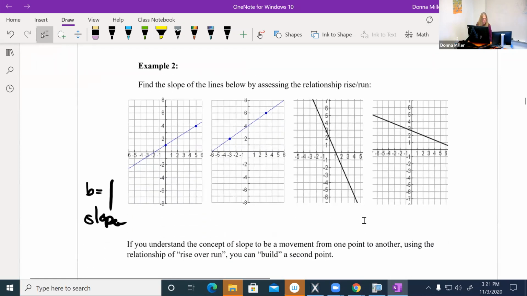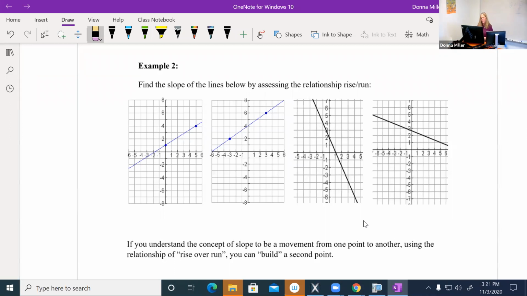Now, when you're given a graph, I could find 2 points and do y2 minus y1 over x2 minus x1, but I don't really need to do that. Remember what a slope is. Slope is rise over run. So you just need 2 nice points on a graph to find the slope. A nice point is at these hash marks, where the grids intersect. So they've marked 2 nice points for us here, here and here. To get the slope, all I have to do is count the rise and the run. So I draw myself a little triangle. You're above or below it, it doesn't matter.